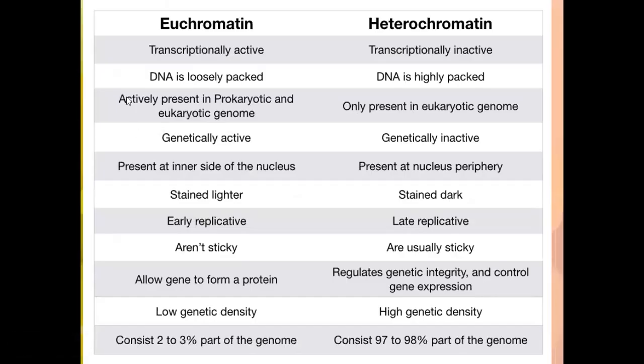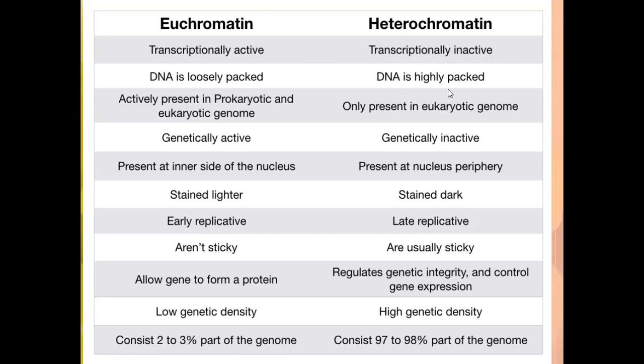The major difference here is the euchromatin and heterochromatin differentiation. Euchromatin is transcriptionally active, meaning it is involved in the transcription mechanism, and heterochromatin cannot participate in transcription. So heterochromatin DNA is transcriptionally inactive, and euchromatin DNA is loosely packed.